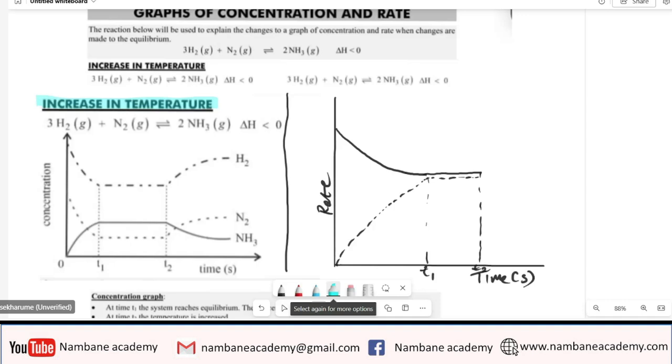Always when we talk about the increase in temperature, we look at our delta H. So now the increase in temperature, delta H, which is the forward direction, will be exo. This is the forward, the reverse. Our delta H is less than 0. So the temperature was increased.